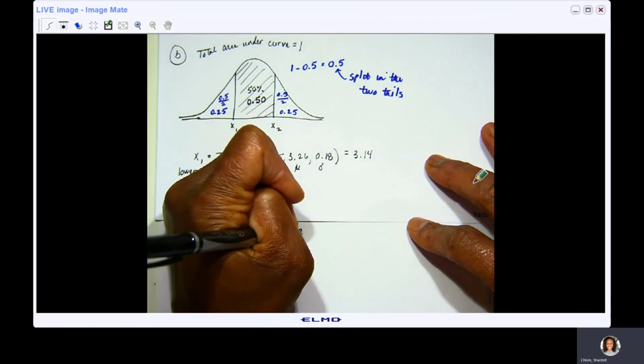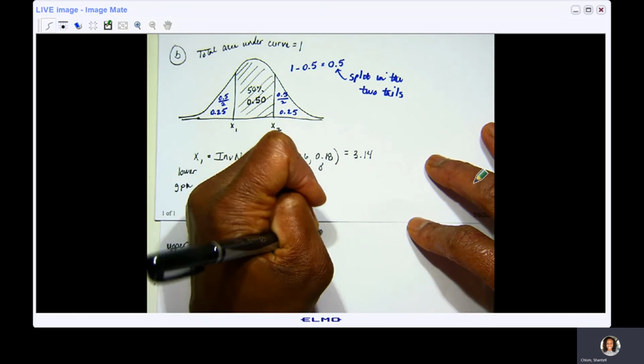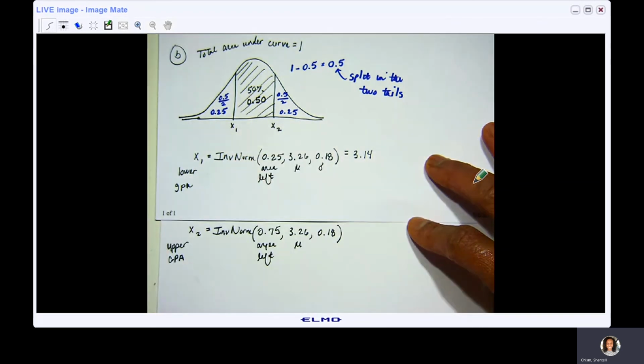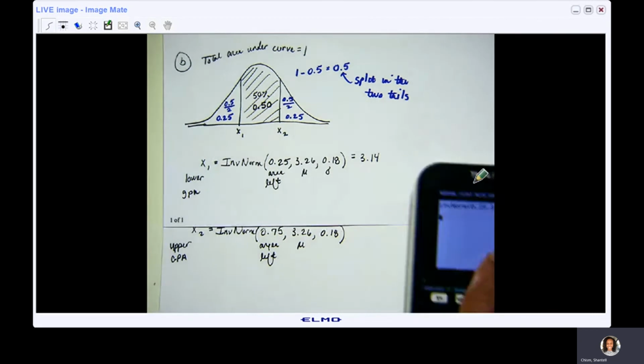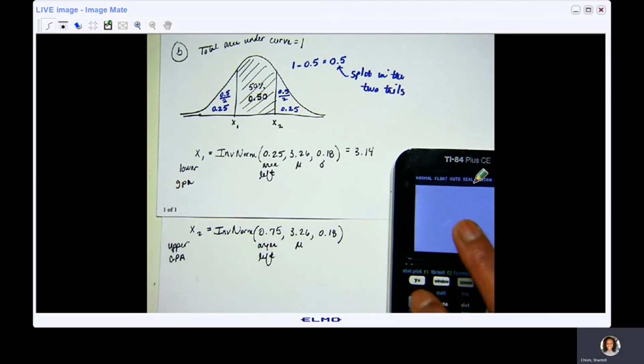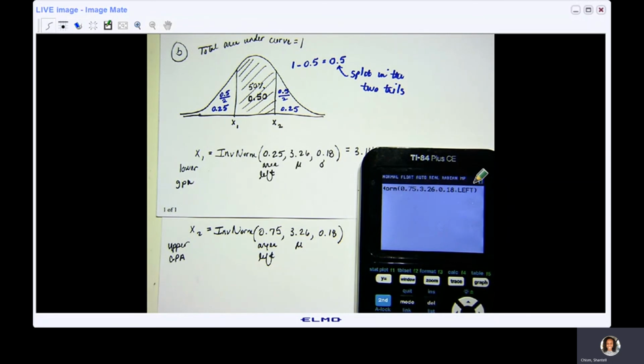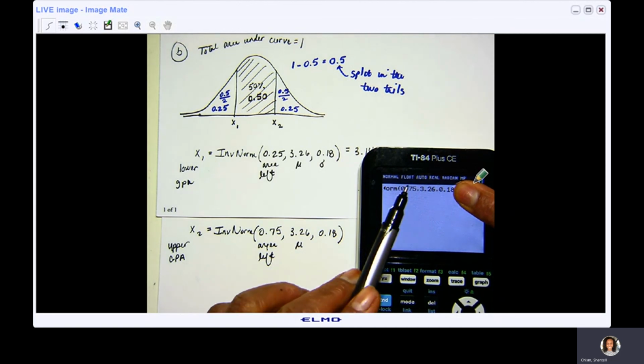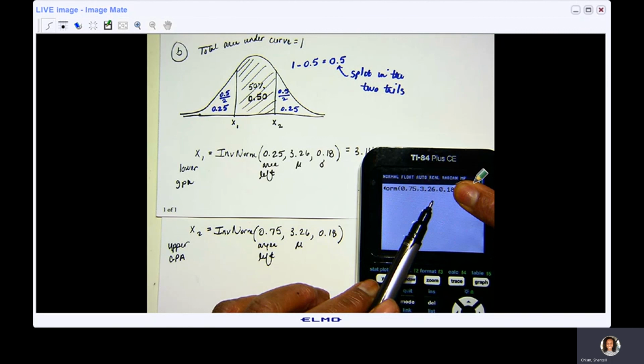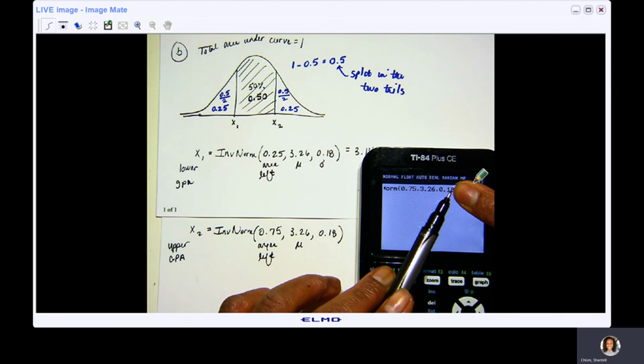And then I've got my mean, 3.26 still, and my deviation, 0.18. Putting that in my calculator, second bars, inverse norm. I put in 0.75. My mean and deviation did not change. I go down to paste, and it puts it on the home screen. Now, if you have an 83, you have to type that in your home screen as it is. You would put the area, comma, 3.26, comma, 0.18.